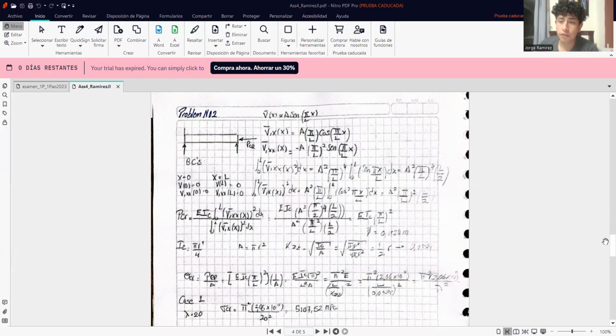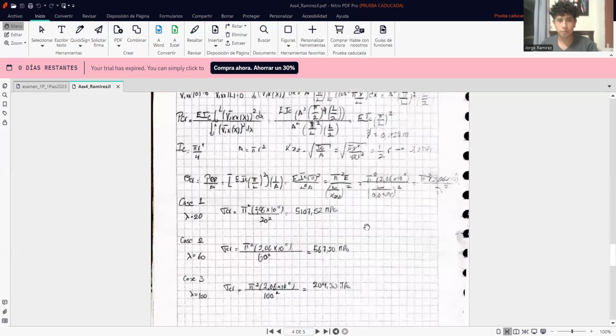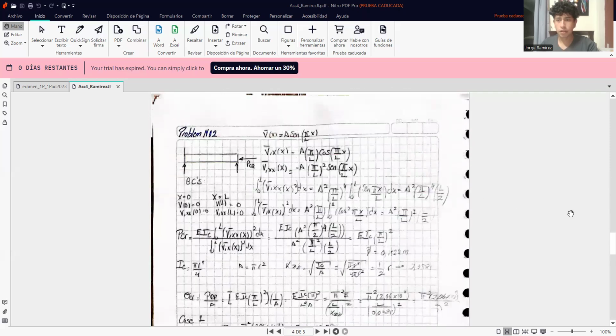And after that, we need to propose another approximation. In this case, we have a beam with force in the axial part.